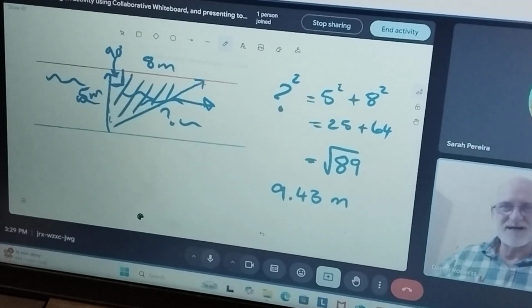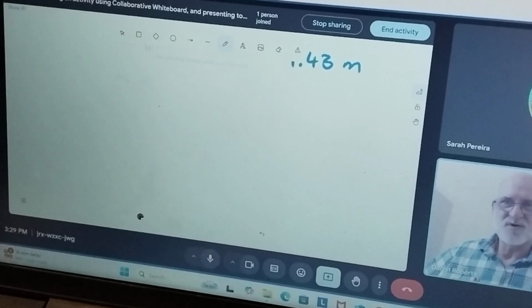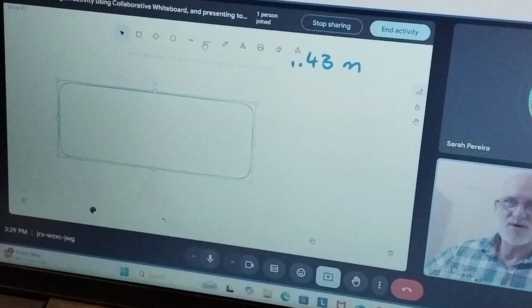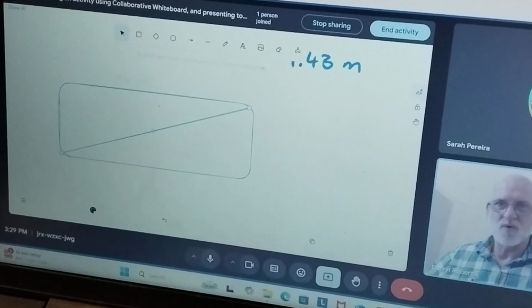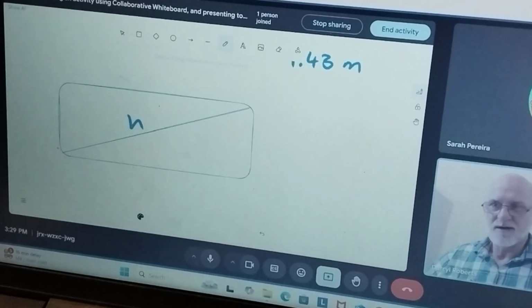They'll ask you questions like, if you come to a soccer field and you want to walk from one point to the other, how much shorter would it be just to walk across the hypotenuse rather than going along that way and then along that way?